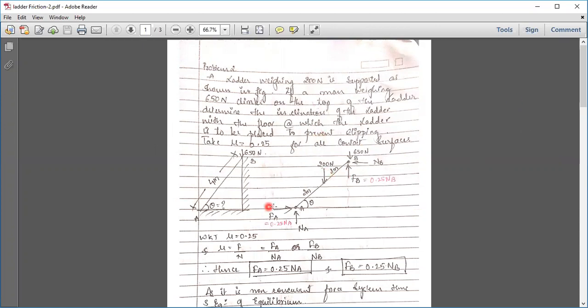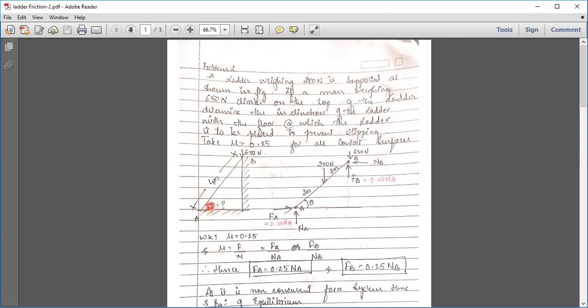So let us go to the next type of problem where theta, that is the angle of inclination, is unknown. I'll read out and then we'll solve. A ladder weighing 200 Newton, again its entire weight is 200, which should be shown at the center, is supported as shown in the figure. If a man weighing 650 Newton climbs to the top of the ladder, that is at this point, determine the inclination of the ladder, that is theta, with the floor at which the ladder is to be placed to prevent slipping.